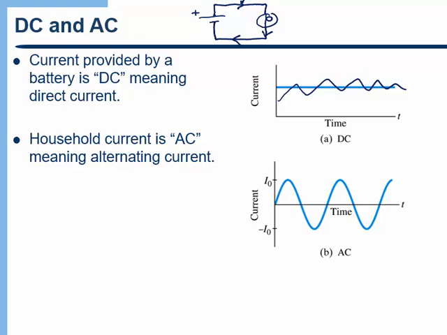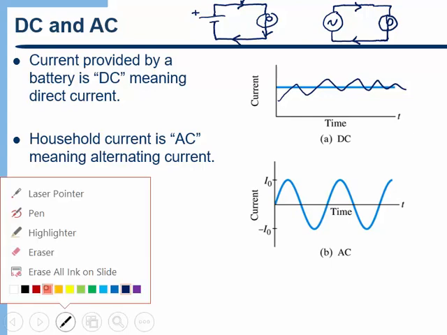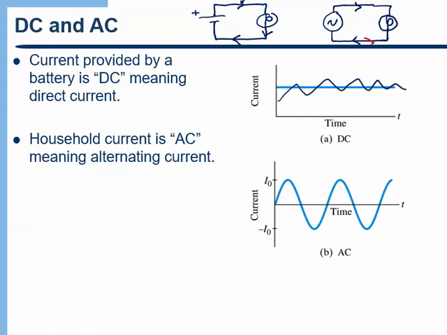Alternating current means that the current actually starts in one direction in a circuit and then goes back the other way. So in an alternating current circuit, where we're plugging into something like the wall outlet and we connect a light bulb to the wall outlet, at one moment the current is going in this direction, and then a short time later it's going the opposite direction.